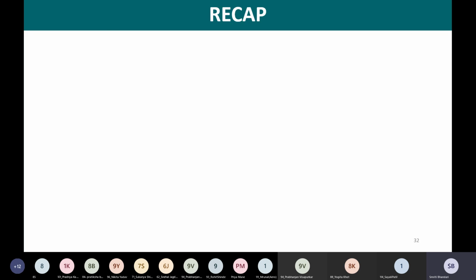In the last class, we had a discussion related to Bayes theorem, and we have seen how to use Bayes theorem for machine learning.